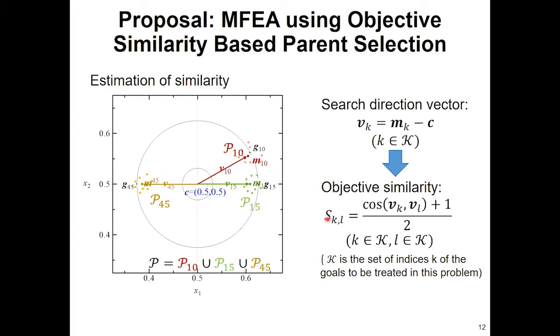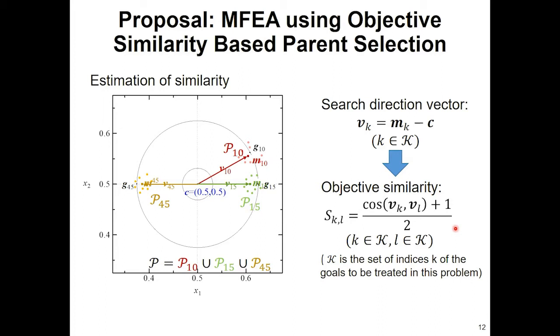Then, SKL is calculated as the similarity of these vectors. SKL is the cosine similarity between Vk and Vl, which is transformed to be between 0 and 1. This is a formula for calculating SKL. SKL is calculated for all combinations of such direction vectors used in the optimization.